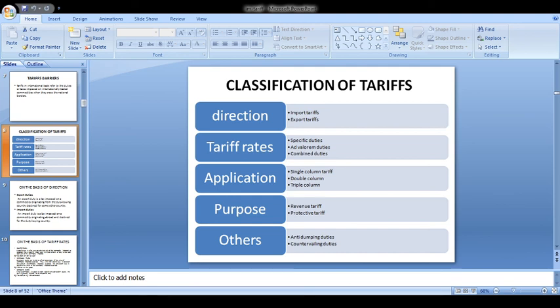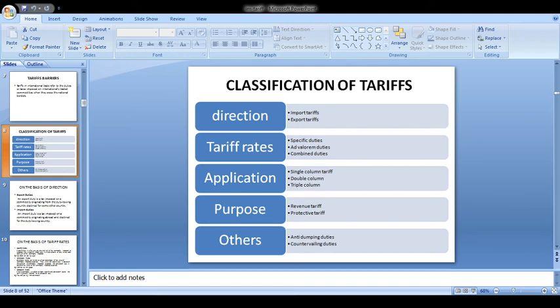Next is others. Others will include countervailing and anti-dumping duties. Now, countervailing duties may be imposed on certain imports when they have been subsidized by foreign governments.